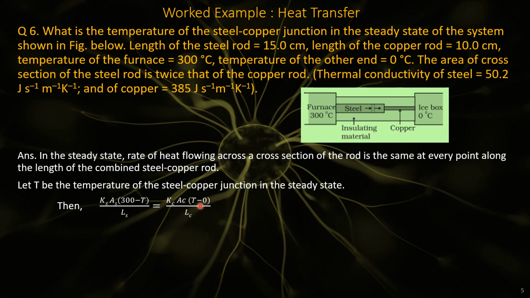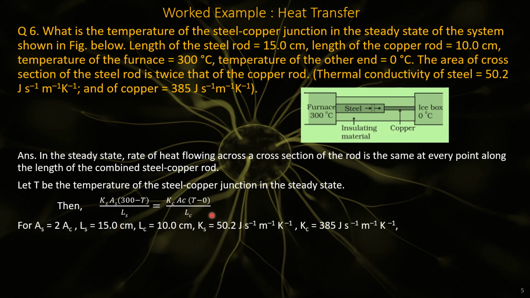We are required to find the temperature of the combination at the junction. Therefore, substituting the values, it is also given AS is equal to twice AC, the area of cross section of steel, and the lengths are given. So these are all given quantities in the question. Please write down as given and note down these values. Pause it and note down.